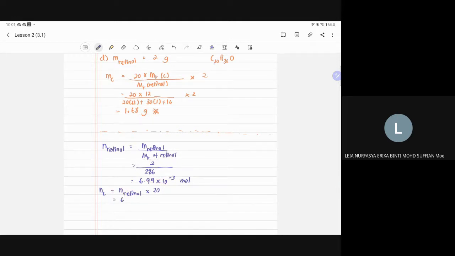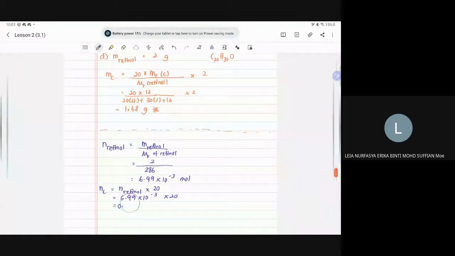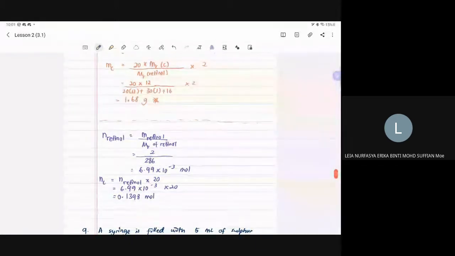Kita akan dapat 6.99 times 10 to the minus 3 darab 20. Kita akan dapat 0.1398 mol.